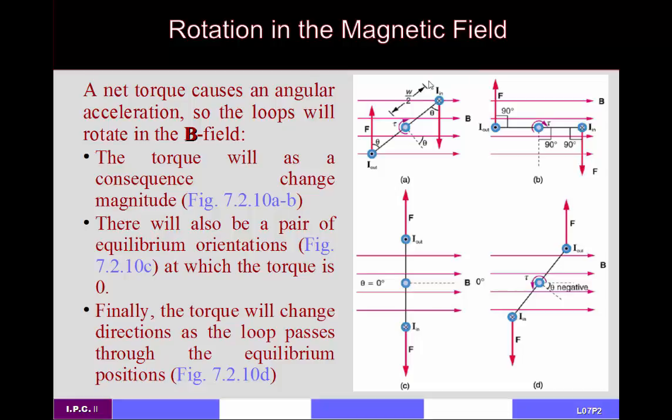For example, the torque is changing in magnitude as this thing rotates. So there's actually a pair of orientations that are equilibrium orientations, and those two orientations also are going to correspond to the absolute maximum and minimum energy levels for the loop.